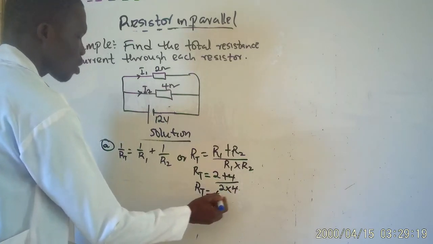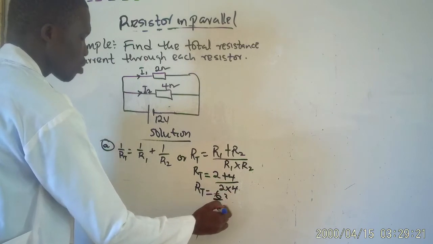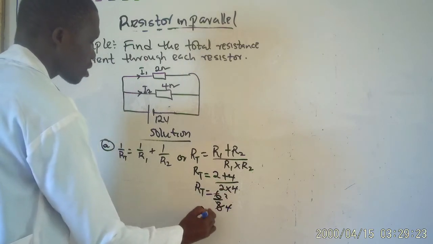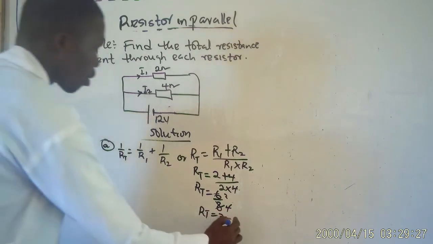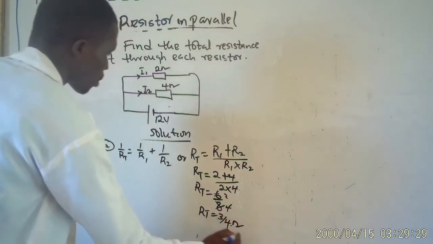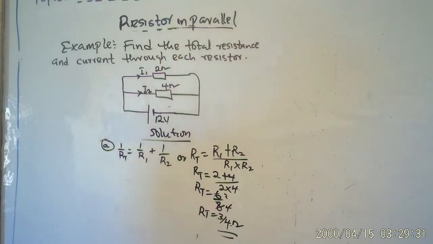We can divide by 2 here, giving 3 over 4. So RT will give us 3 over 4 ohms. That will be our total resistance.